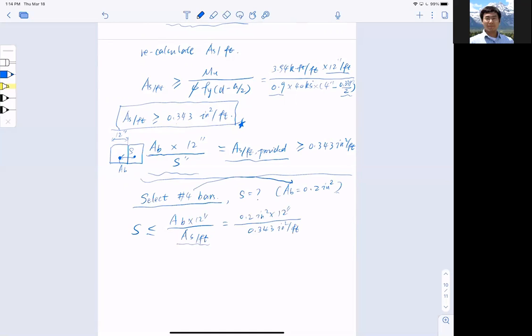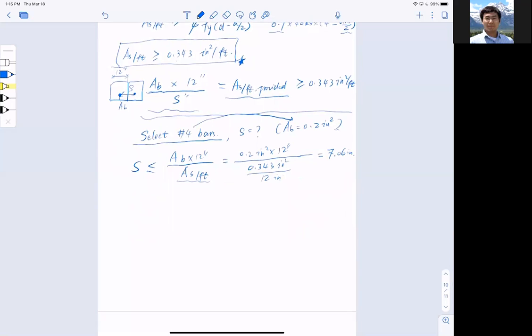This is per foot, so I have to convert that into inches, per 12 inches. So I get this number to be about 7.06 inch. That is the spacing I need to have.